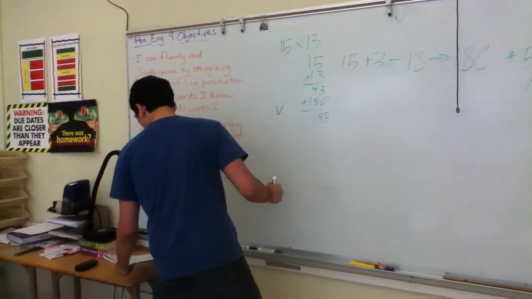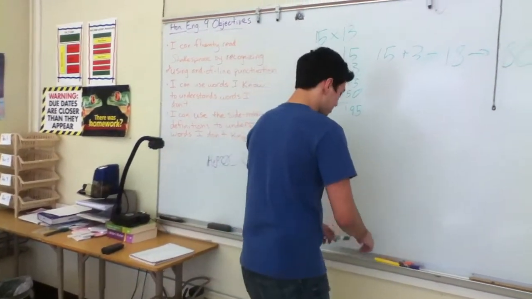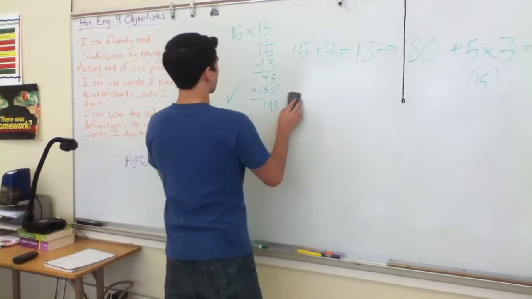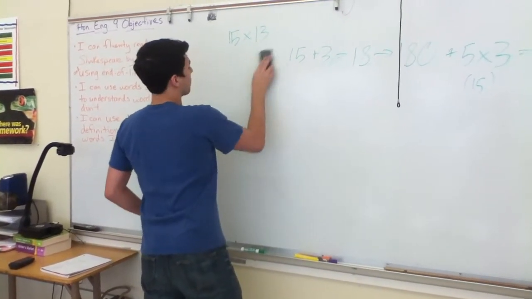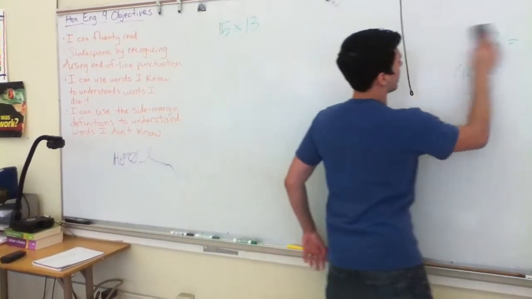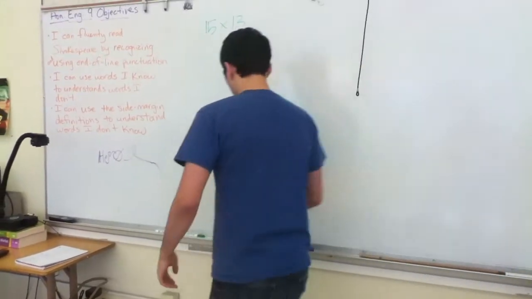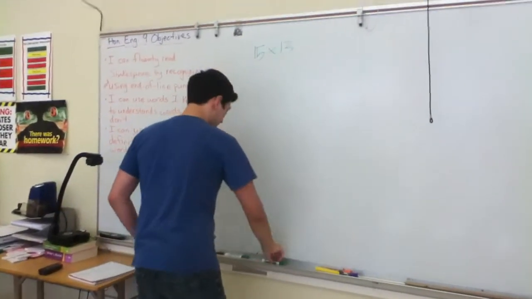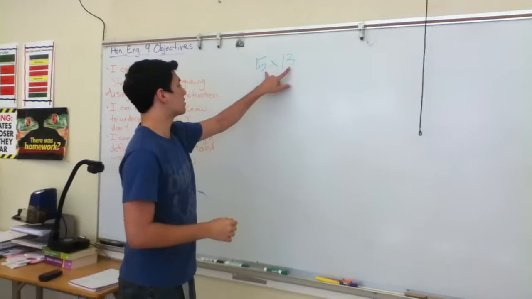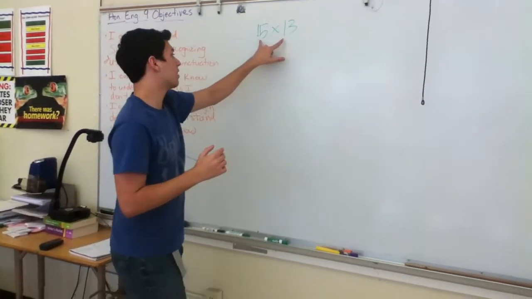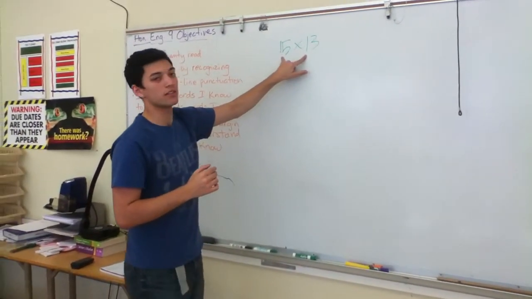In order to use actual variables to do this, I want to have the ones digit of each of them separated from the tens digit of each of them.